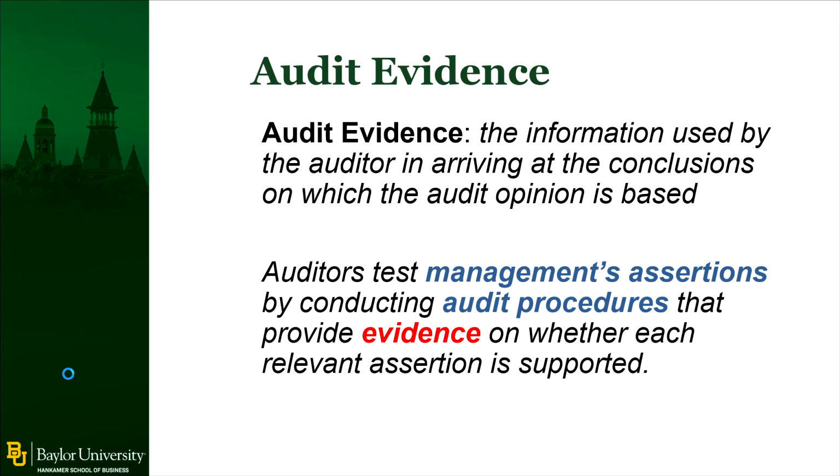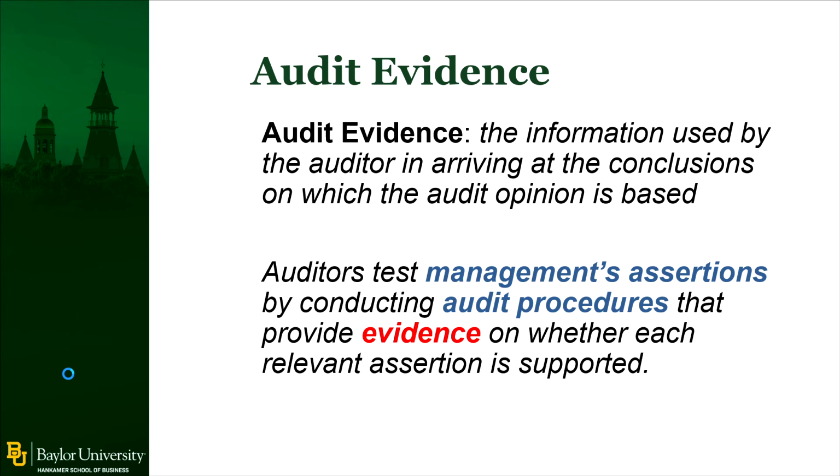is based. So in order to even give an audit opinion, auditors have to test specific management assertions, and we do that through specific audit procedures that provide us with specific types of evidence on whether or not each relevant assertion is supported.